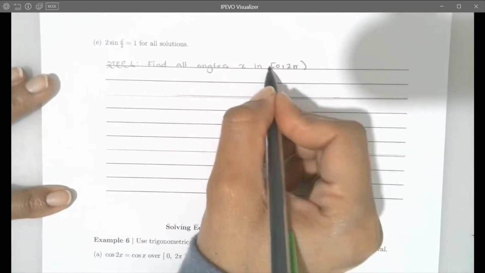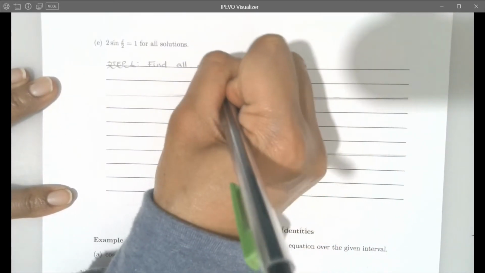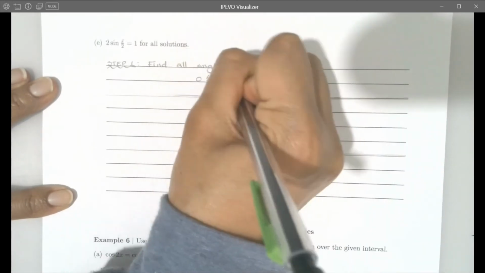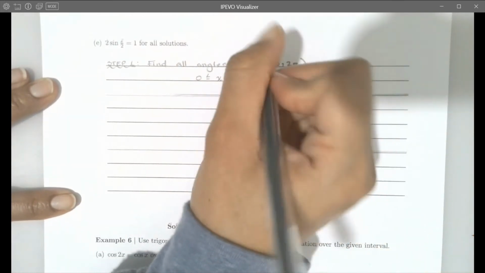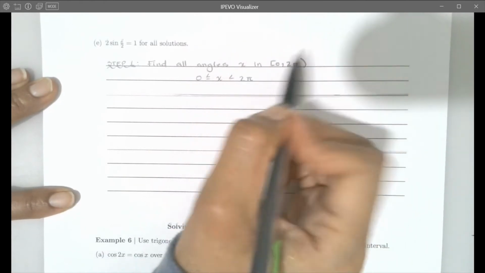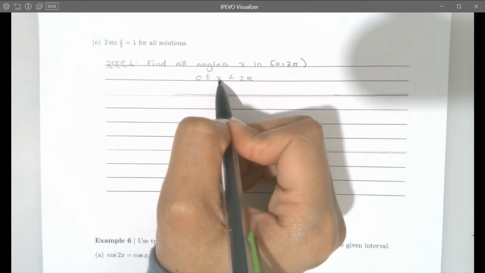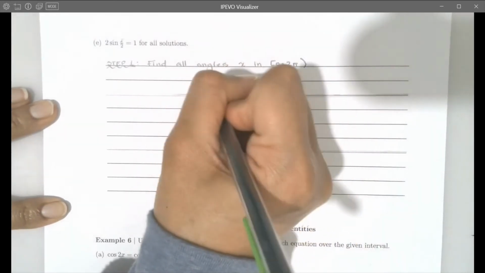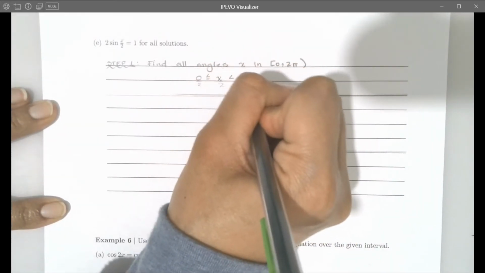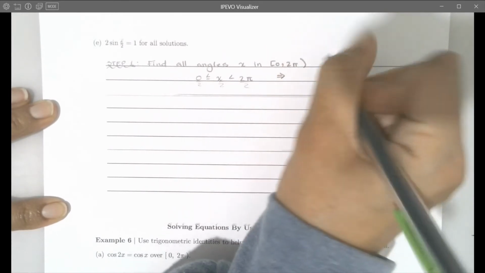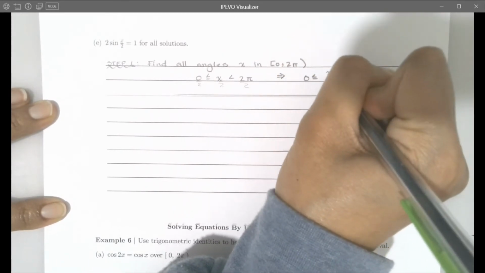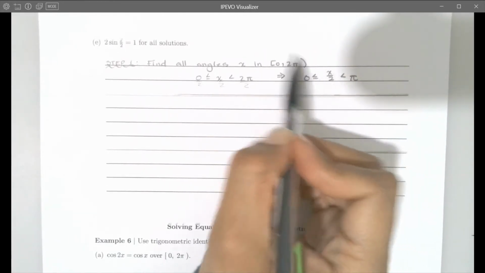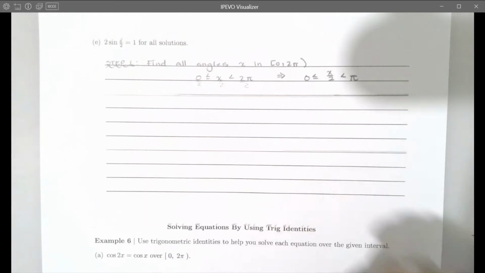If x is going to be between 0 and 2 pi, that means that x over 2 will be in a slightly different range. So x being in 0 to 2 pi, we can write as x is greater than or equal to 0 and less than 2 pi. If we divide all 3 parts of the inequality by 2, we get 0 is less than or equal to x over 2 is less than pi. So that means that the angle x over 2 has to be between 0 and pi.